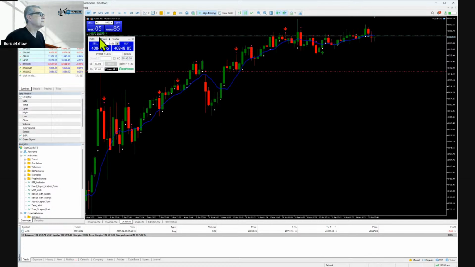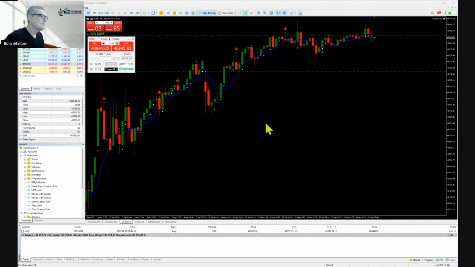Let me just add another 200 SMA on this. Where is this? Moving average, 200. Okay. Why is this not coming on? Wait, what happened? Control I, moving average, properties, red. Why is it not showing up?